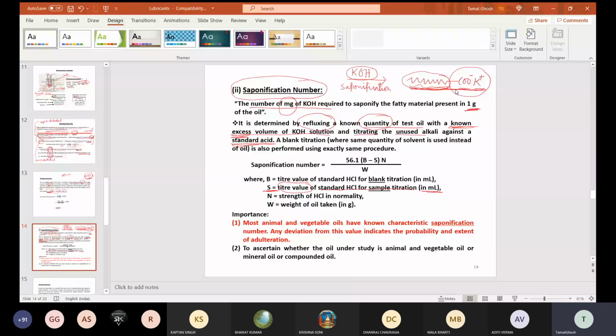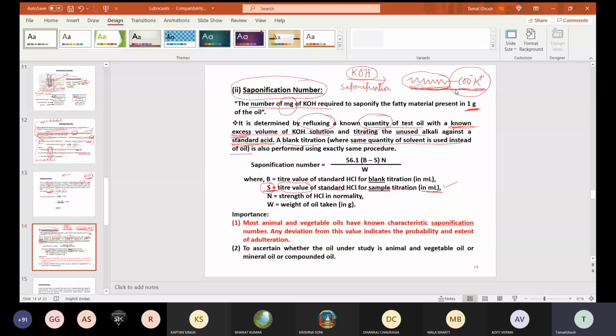That is the first thing. The second thing is a blank titration, where the same quantity of solvent is used in place of oil. In the blank, in place of the sample, which was oil, we take the same quantity of solvent and follow exactly the same procedure.